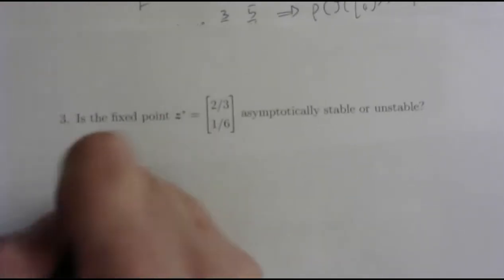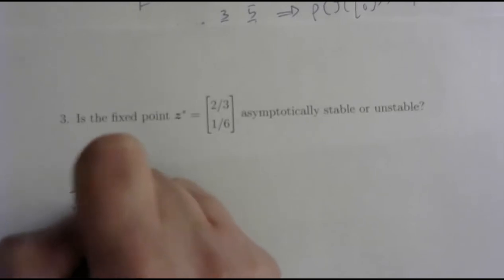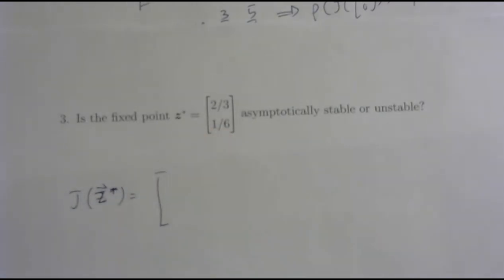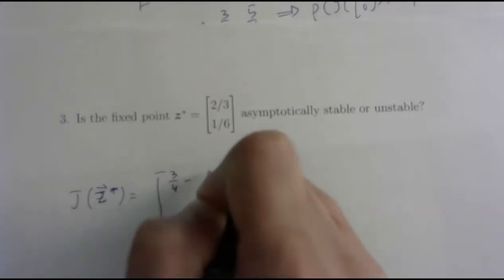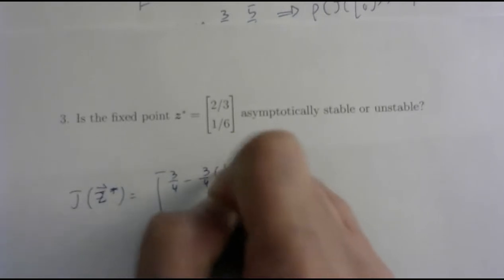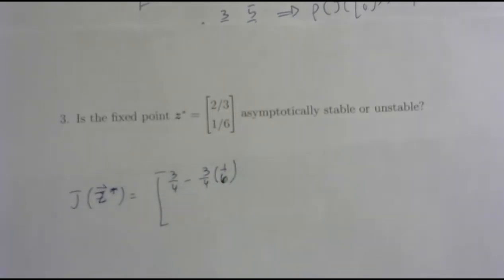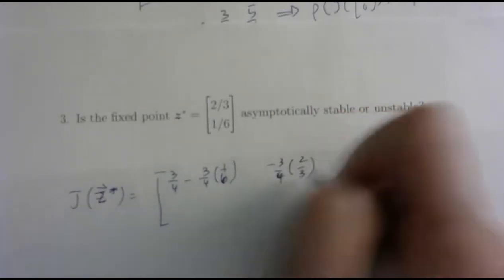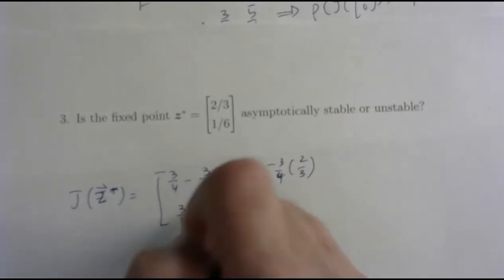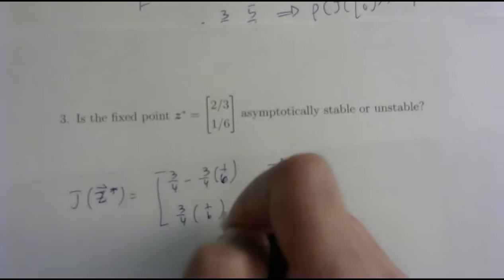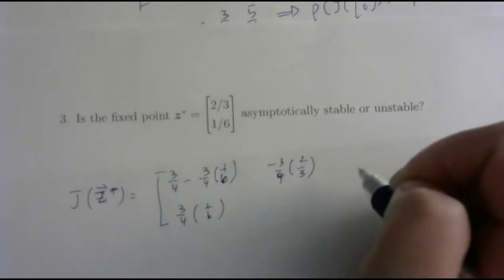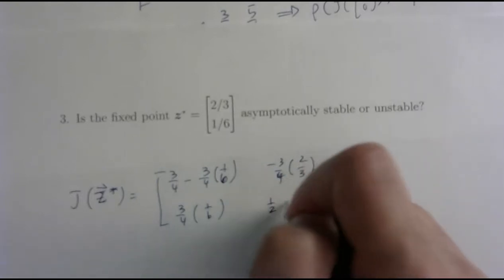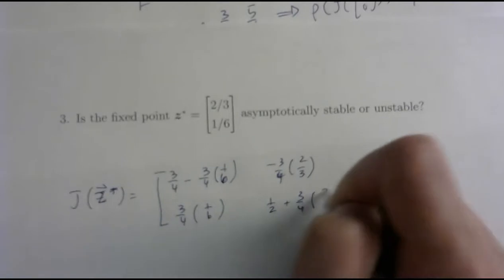So what's the Jacobian here at z star? It's 3/4 minus 3/4 times 1/6, minus 3/4 times 2/3, 3/4 times 1/6 again, and then 1/2 plus 3/4 times 2/3.